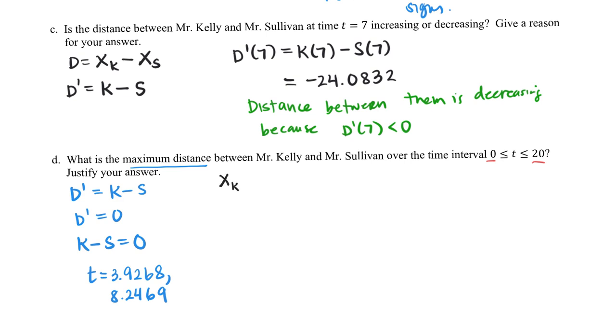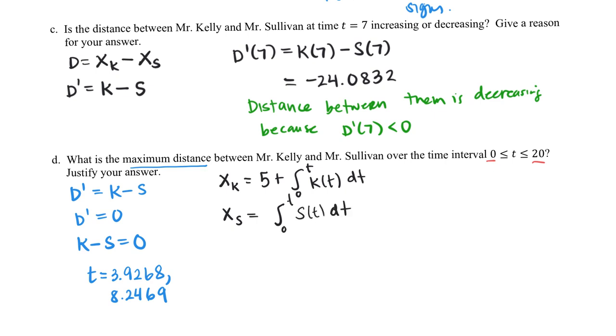Mr. Kelly starts out 5 ahead, so he's going to be 5 plus the integral from 0 to t of k of t dt. If I integrate his velocity, I'll get his displacement. Mr. Sullivan starts after, so I'm going to say it's the integral from 0 to t of s of t dt.